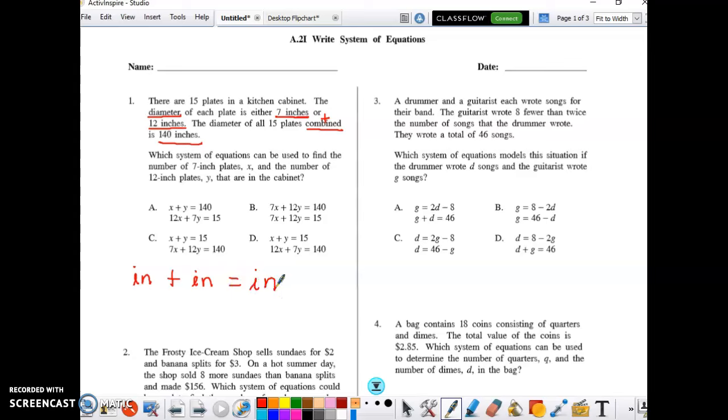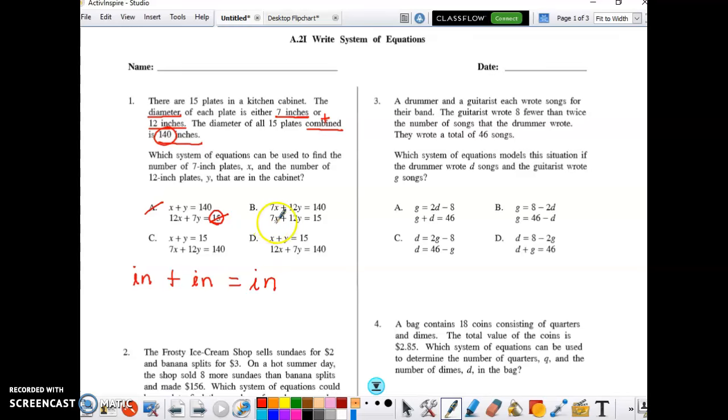Okay, so I know that one of the plates is 7 inches in diameter and another plate is 12 inches in diameter and in total is 140 inches in diameter. So let's take a look. This one says 12 inches in diameter plus 7 inches in diameter equals 15 inches in diameter? No, it was 140. So this one's incorrect, so that makes the whole thing incorrect. Okay, continue.